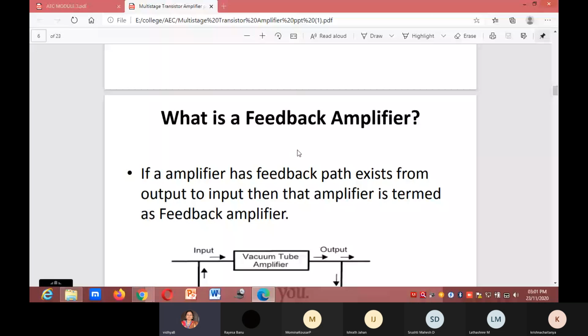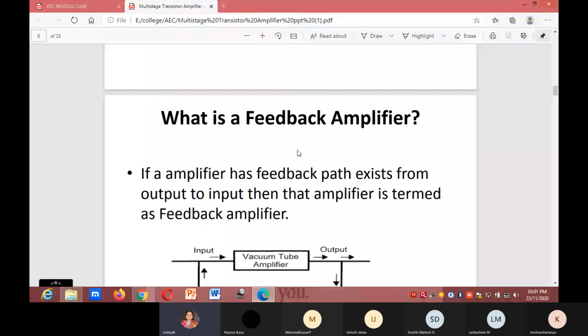What is a feedback amplifier? If an amplifier has a feedback path that exists from output to input, then that amplifier is termed or called a feedback amplifier. Where does the feedback path exist? It exists from output to the input.